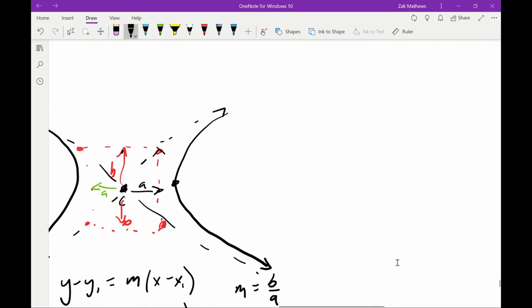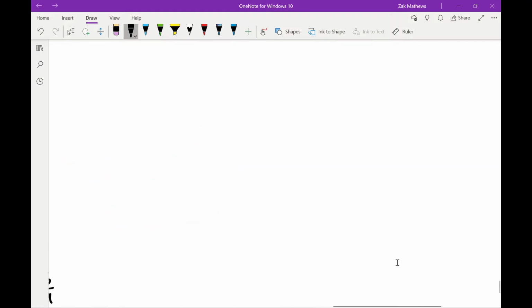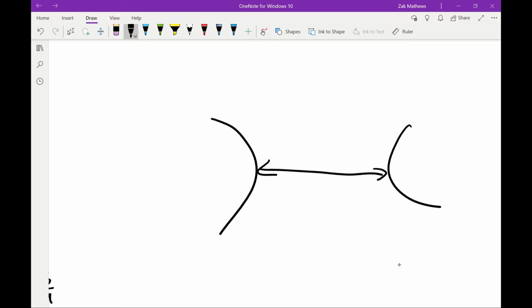A couple last terms I want to throw at you. We have two other axes, kind of like we had a major and a minor axis. Let me just redraw this picture again, because I know there's a lot of information on it. With our ellipses, we had what we called the major axis, and that connected the vertices.